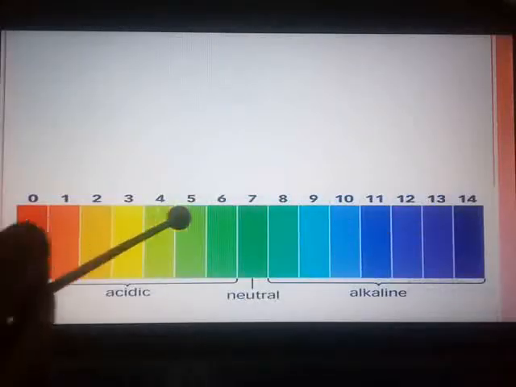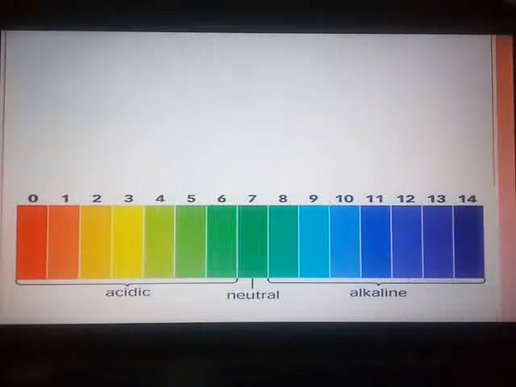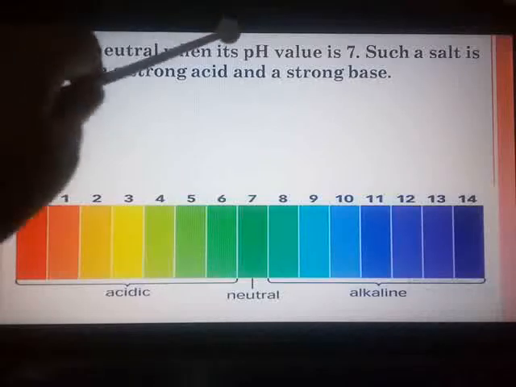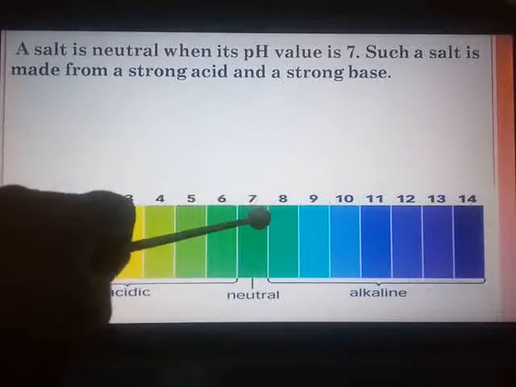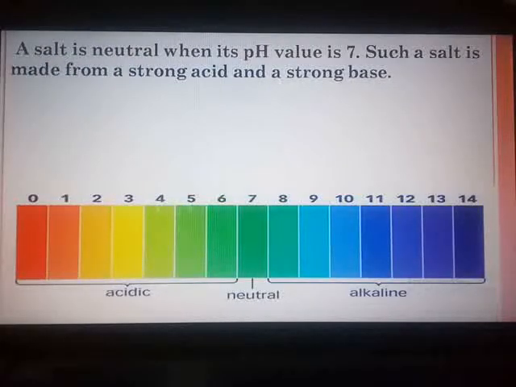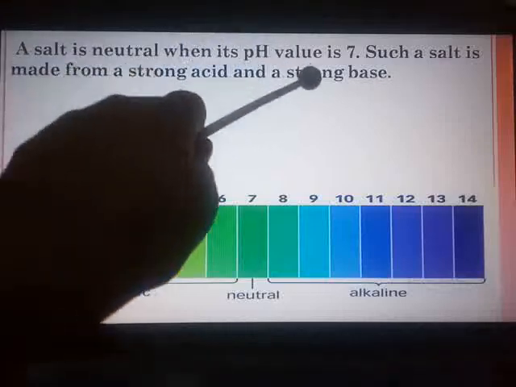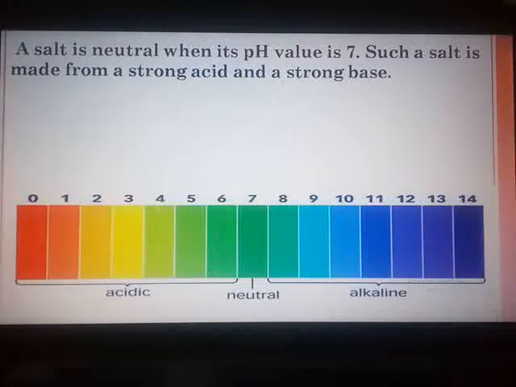You can see different colors on this pH scale. Now, the salts which have a pH value exactly equal to 7 are called neutral salts. And it is made by using a strong acid and a strong base.